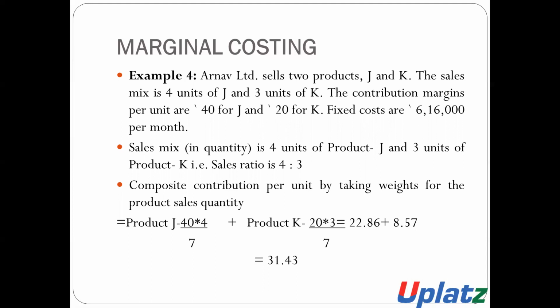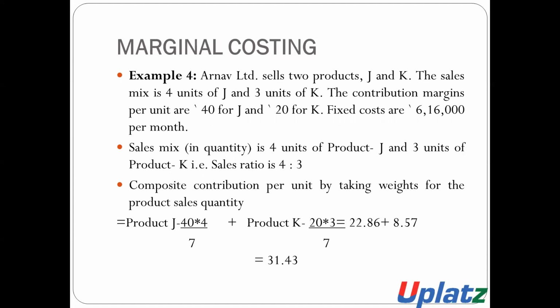The contribution margin per unit is 40 rupees for J and 20 rupees for K. The total fixed cost is 6,16,000 rupees per month.